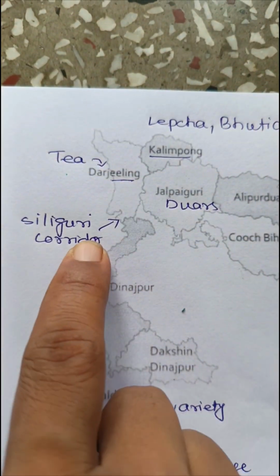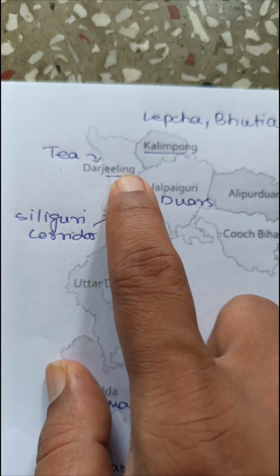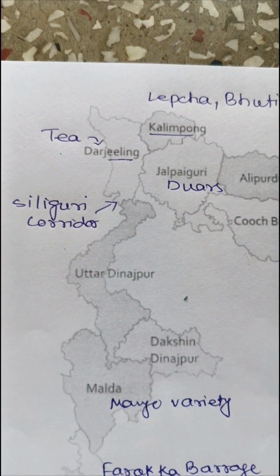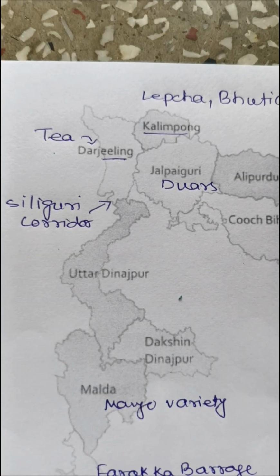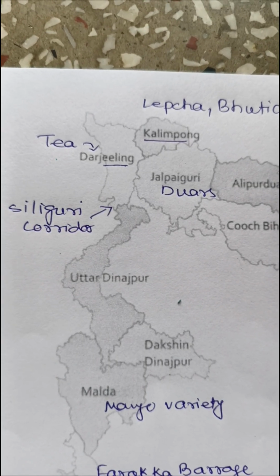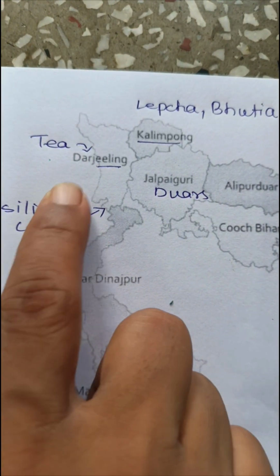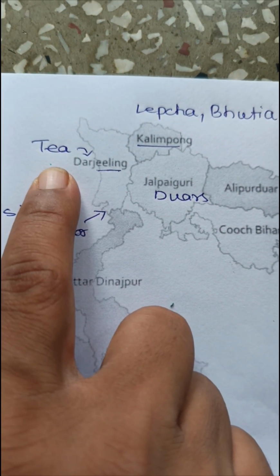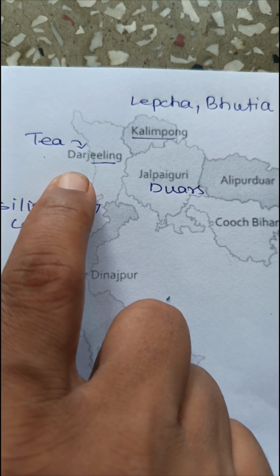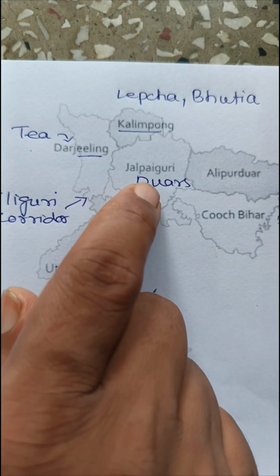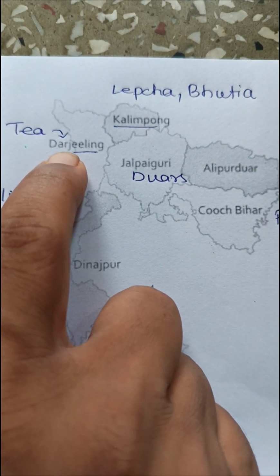Yes, so Siliguri is located in the Darjeeling district of Bengal, and Darjeeling is particularly famous for the toy train, and it is also famous for its tea, which is known for its flavor. Let us now move to Kalimpong, Jalpaiguri, and Darjeeling.